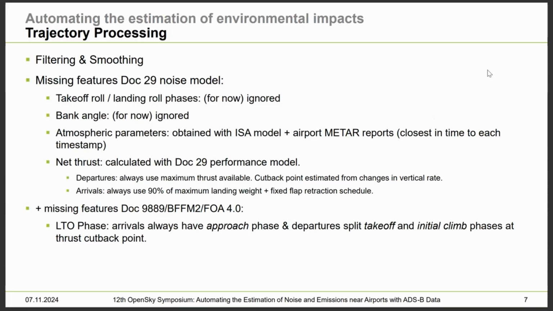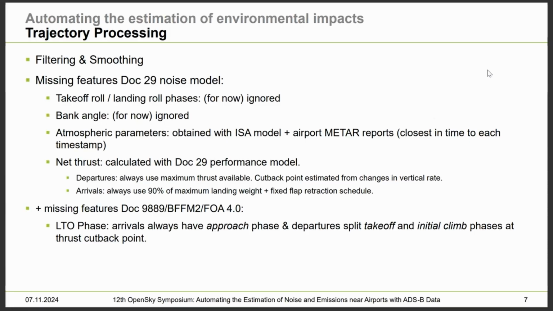I listed there the features which will also be helpful or could be used by the noise models and by the emissions models to adjust estimations. Some of them I do ignore currently, and the rest I calculate with the performance model.